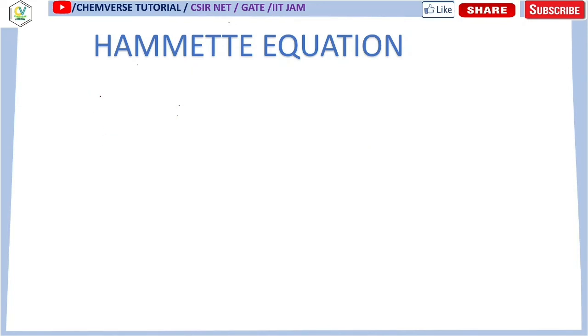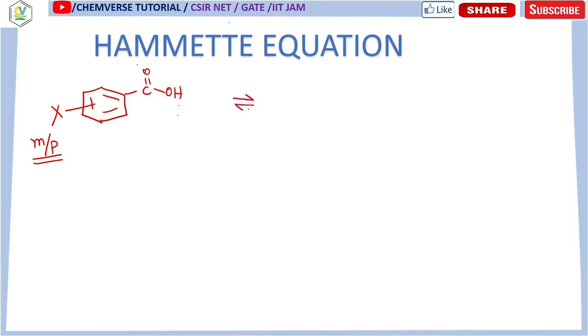Now suppose I am taking this one, this is a carboxylic acid, and suppose it's a substituted carboxylic acid, and the substitution is either meta or para, because you know that this Hammett relationship is not valid for ortho substitution.